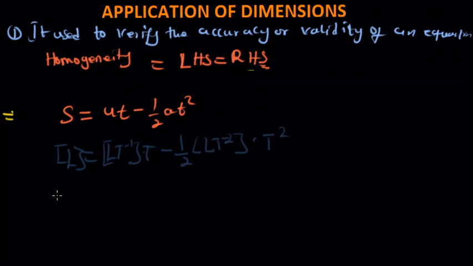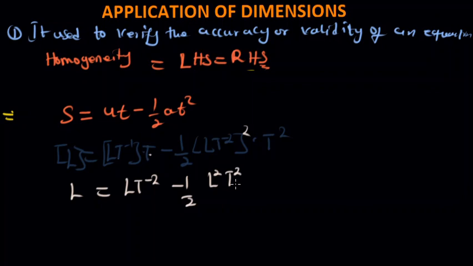Okay, so what will be the result? L will be equal to, so you have T here, you have T here, so LT minus 2T, then minus 1 over 2 L. Here there is a square, so we need to bring the square here, LT squared, so L squared T squared.